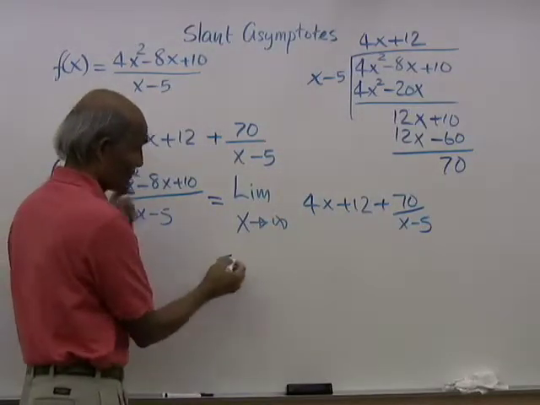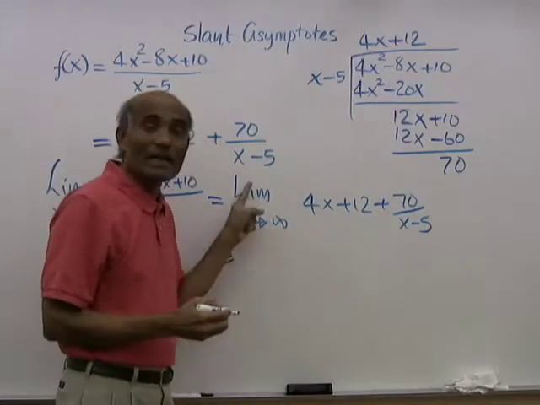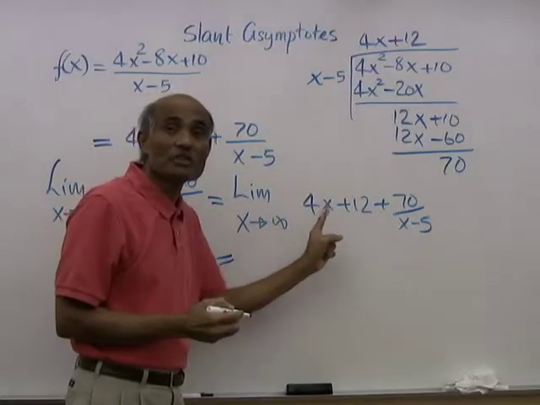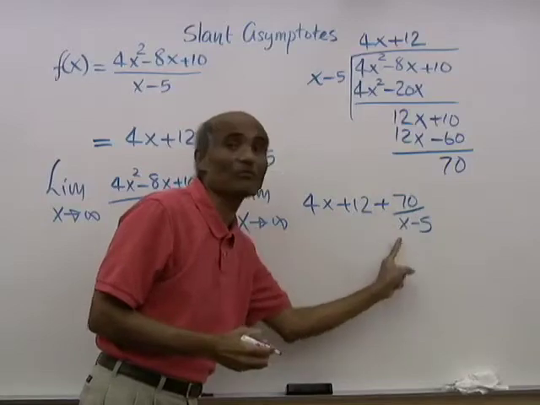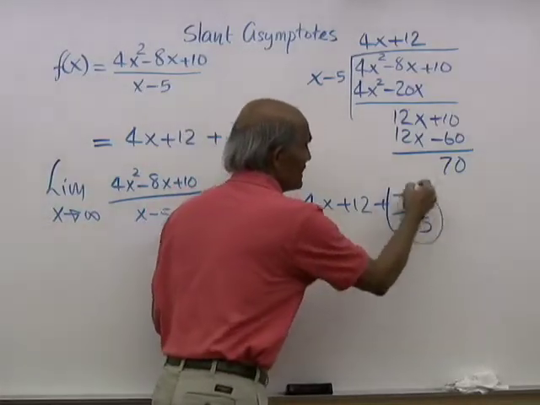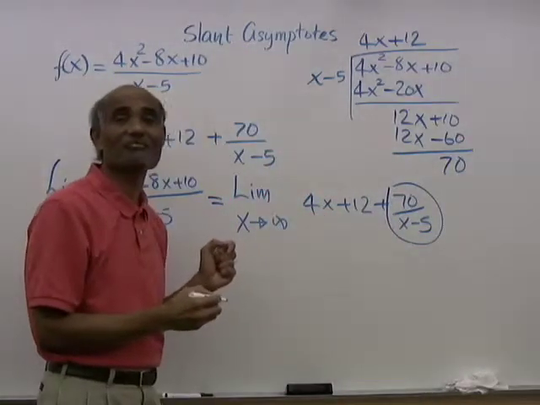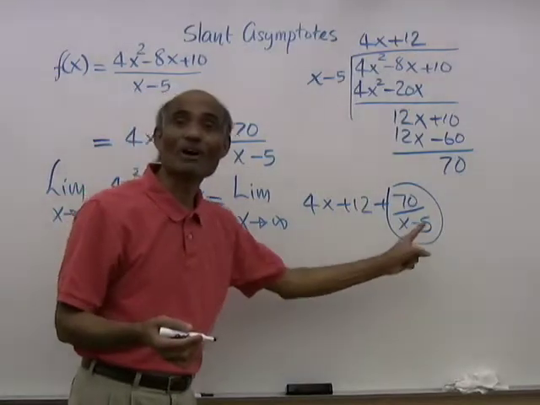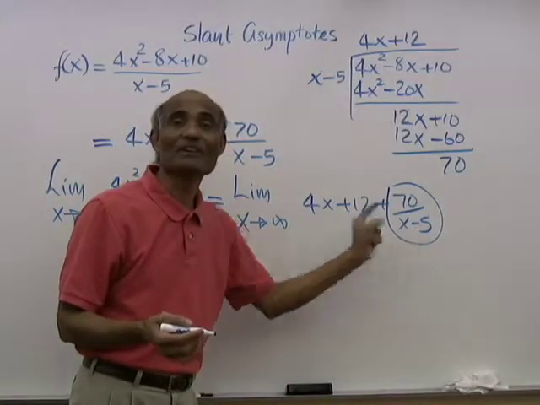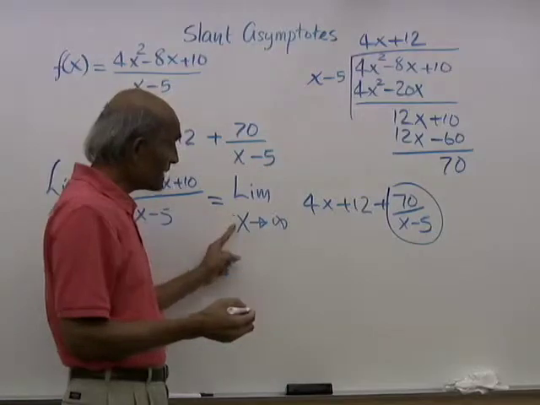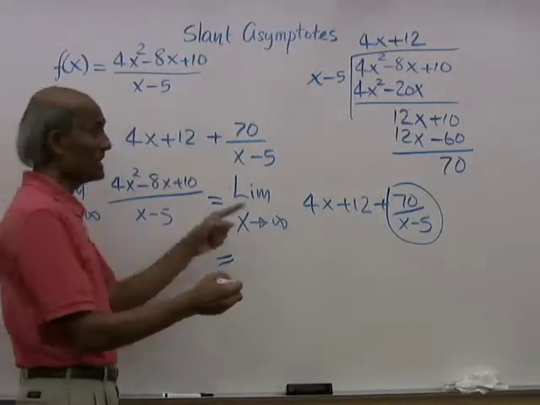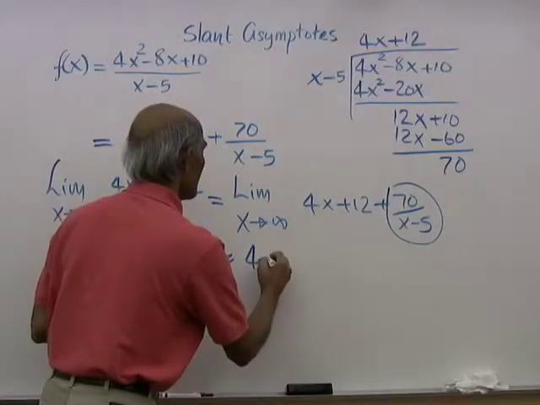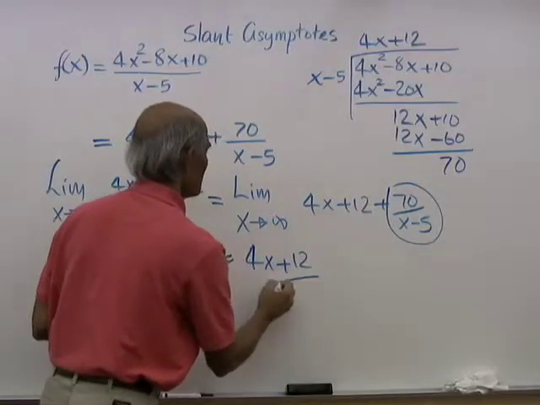If you look at the right side, the limit as x goes to infinity of 70 over x minus 5 is 0, because x is in the denominator. And so the limit of this quantity will be 4x plus 12.